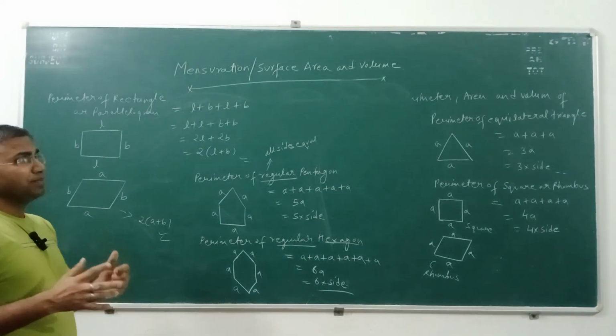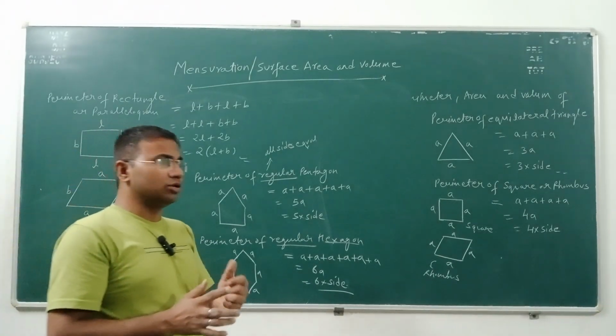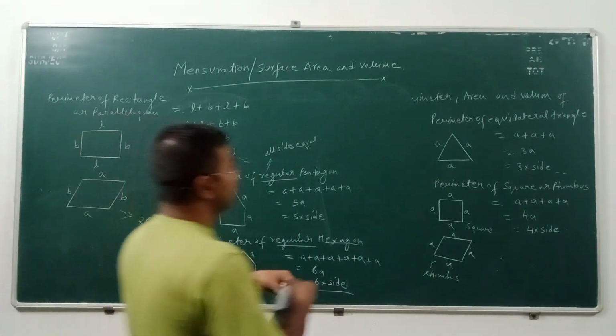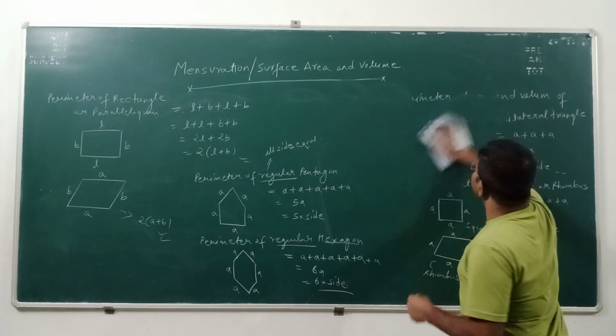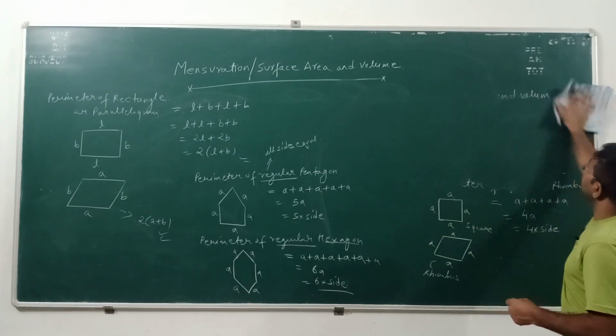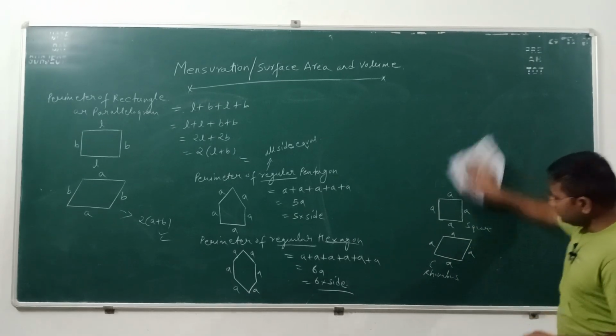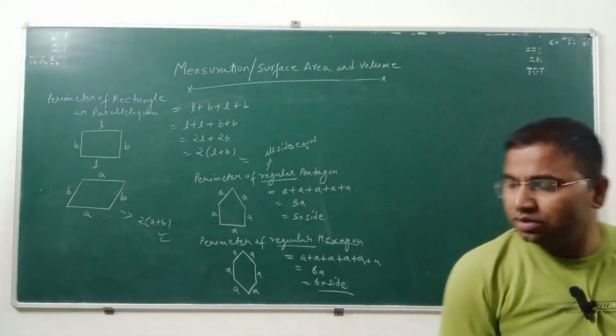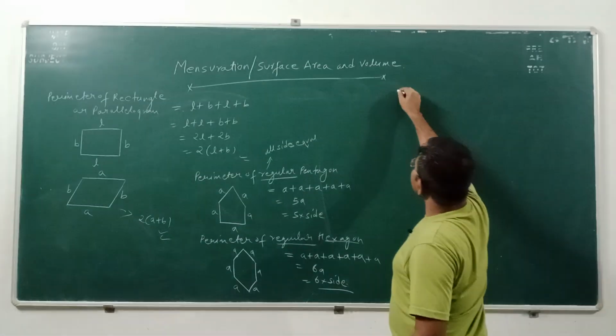So here we have learned the perimeter of a polygon. Now let us see how you will calculate the perimeter of a circle. Okay. So here I am going to erase. I hope you have noted down. Okay. Now see.